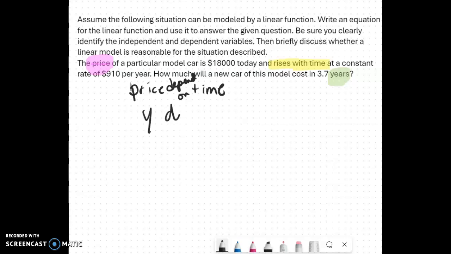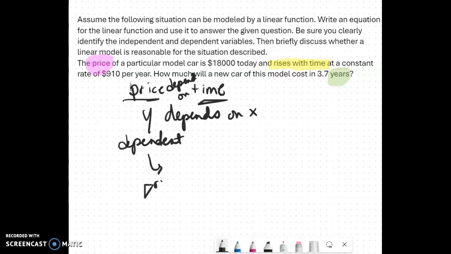So this is always y depends on x. The price depends on the time, how much time has passed. And remember, the y is my dependent. So we're going to say the price is dependent and the time is the independent variable.